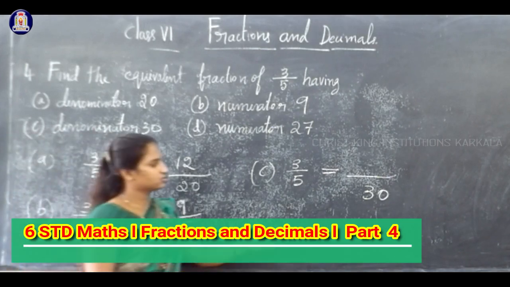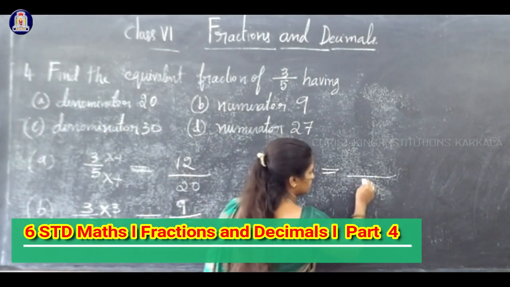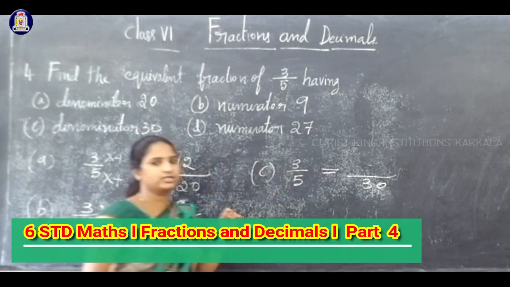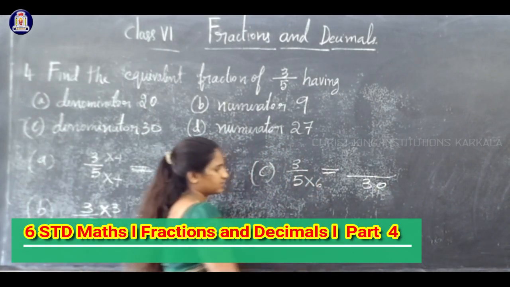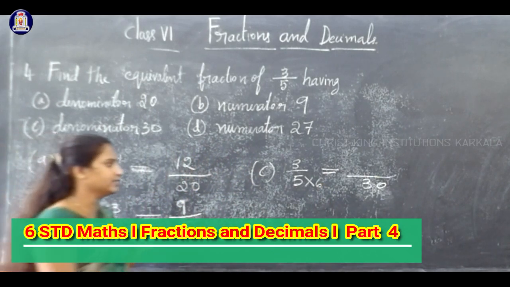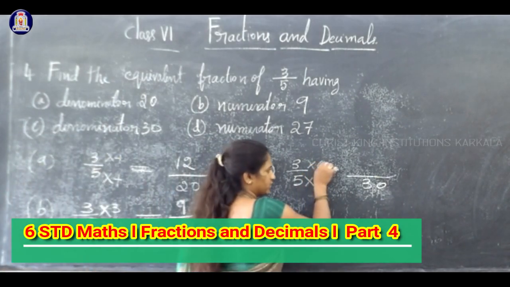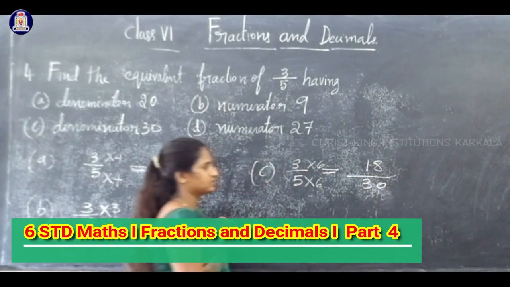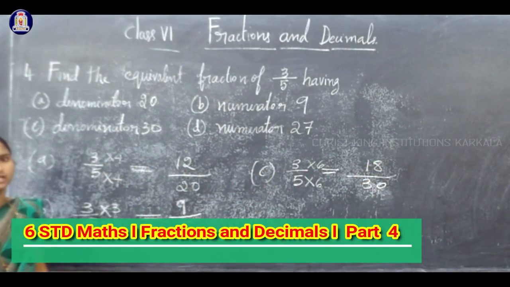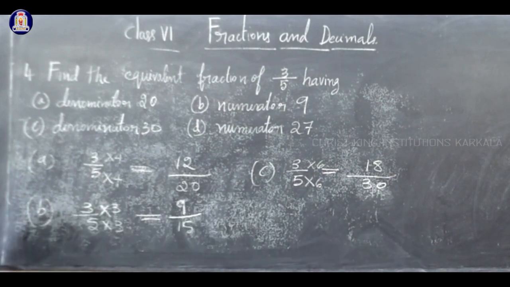So to get 30, how much do you have to multiply to 5? You know that 5 6s are 30. Is it correct? Same number multiply to the numerator. So 3 6s are 18. So the answer is 18 by 30. So this is the third one.